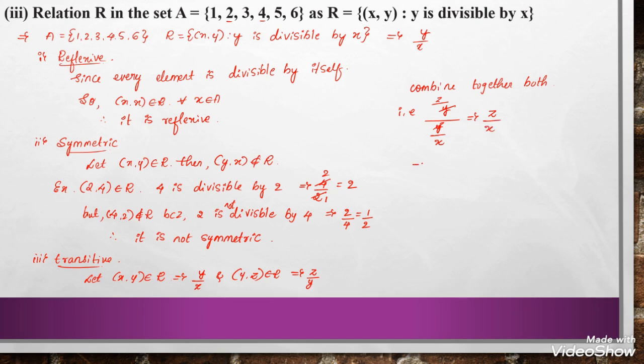So z by x, I can write it as z is divisible by x.